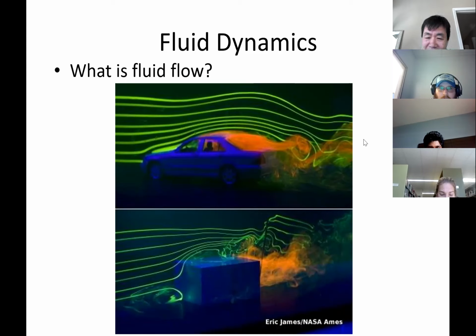Which one has a bigger wake? The block. I think the block has a bigger wake. Do you agree? I agree with you. It seems like the block has a bigger wake and circulation area, a region that seems like stronger vortices.